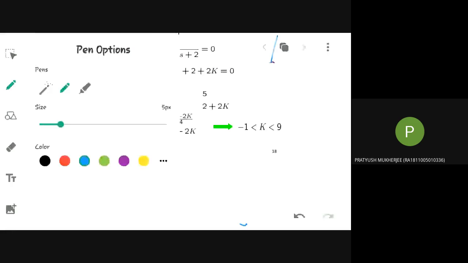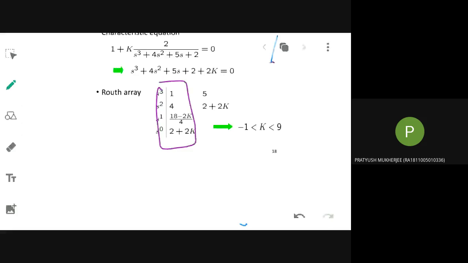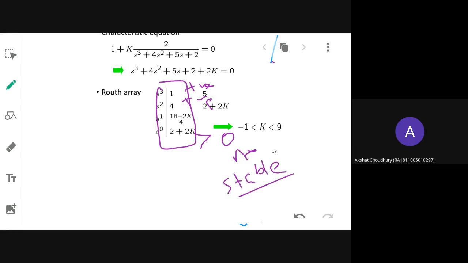If all the first column elements are positive, greater than 0, then the system is stable. No sign change, the system is stable. So they have asked you to find when the system will become unstable, what value of K you need to set to preserve the system stability. That only we are going to find out.